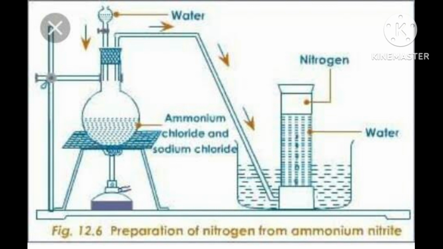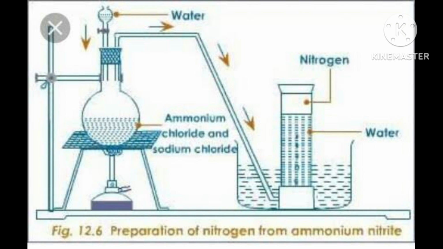N2 plus 3H2, both gases, forms 2NH3, ammonia gas. Temperature I told you, 773 Kelvin. And the heat of formation, delta H f, is minus 46.1 kilojoule per mole.